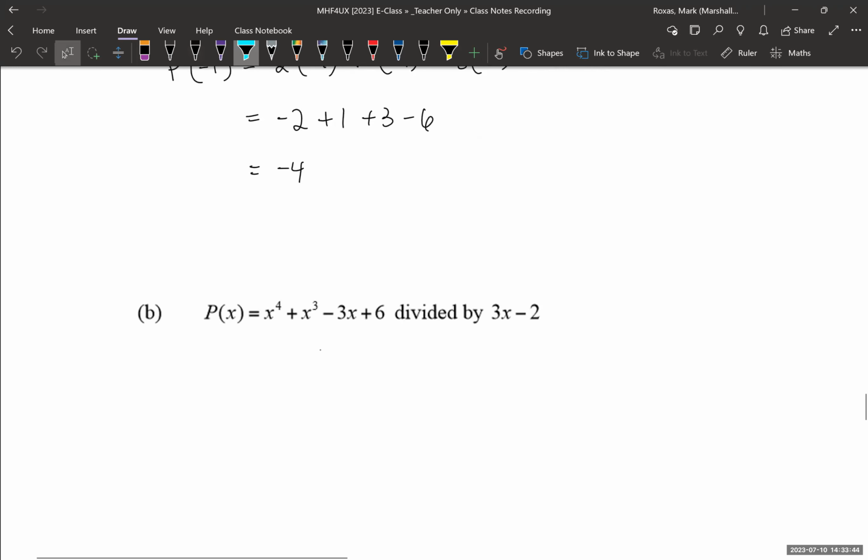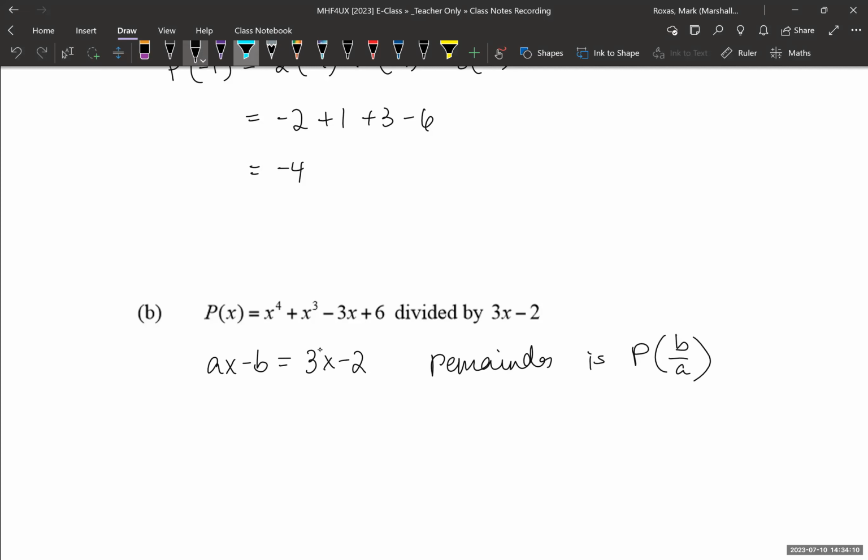What if we now have a divisor with a coefficient a? So remember, ax minus b equals 3x minus 2. Okay, so this says, well, remember the remainder theorem says the remainder is p of b over a. Okay, so b over a in this case is going to be 2 over 3.